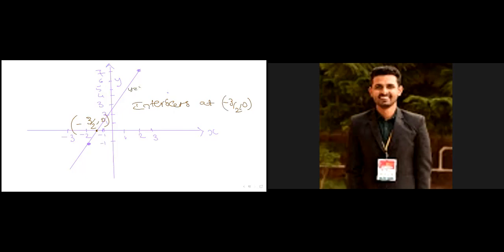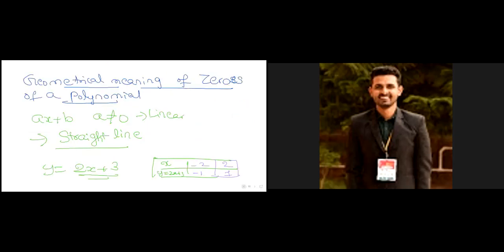Also this line is y is equal to 2x plus 3. This point is 2 comma 7, and this point is minus 2 comma minus 1. So this is graphically, but if I use the equation and find the zero using the traditional method, it is the same value that we have obtained here.